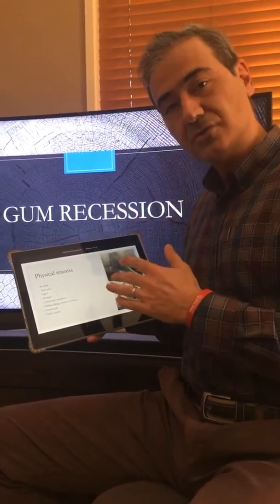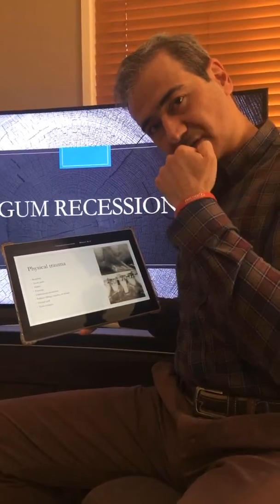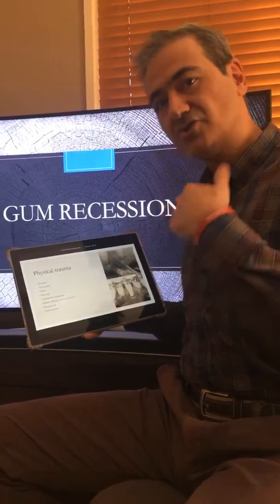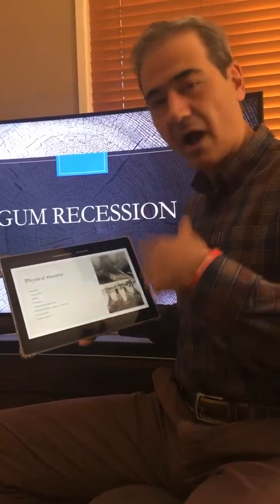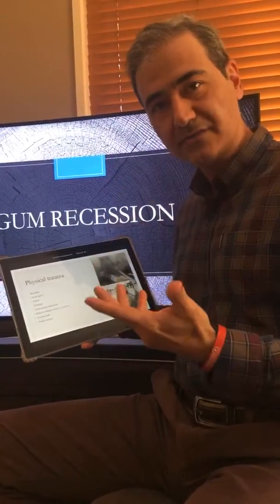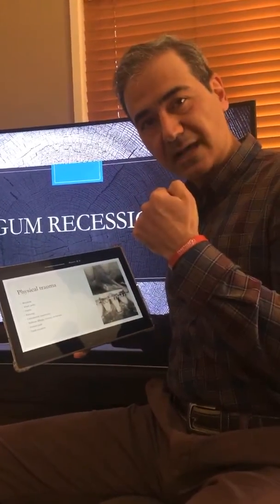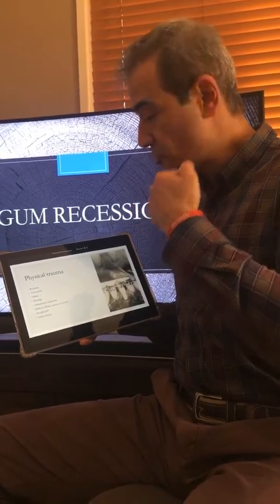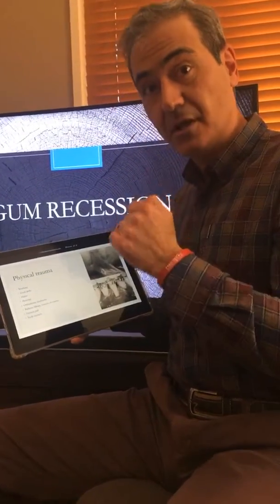So what you need to do is just pop the brush on the teeth and let it do the job, whether it's oscillation, vibration, or rotation, or whatever it is. Let it do the job itself and then move to the next area. You don't have to incorporate any further movements.